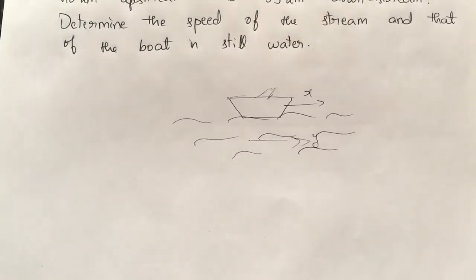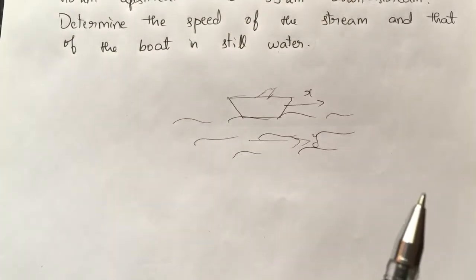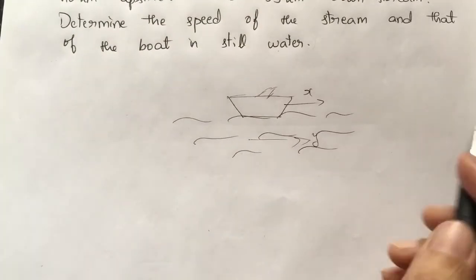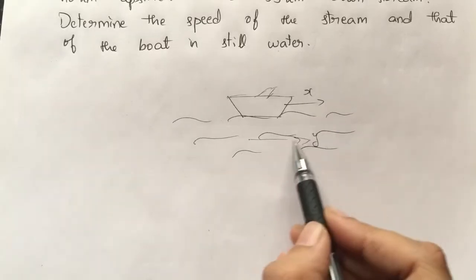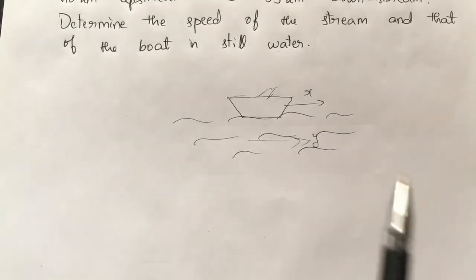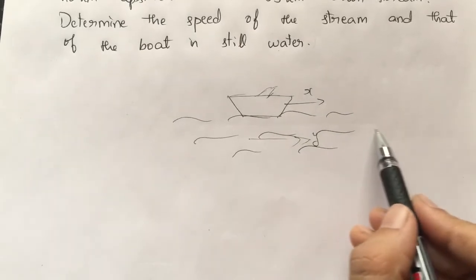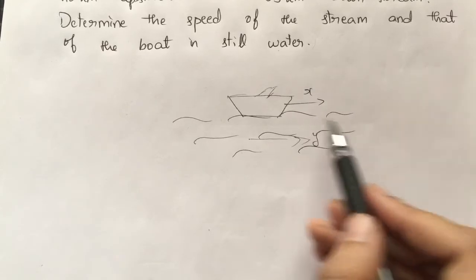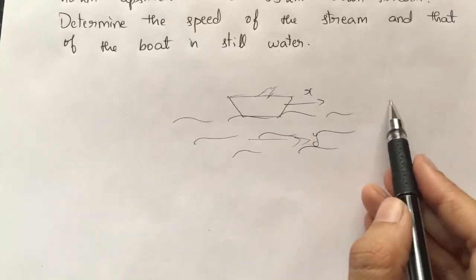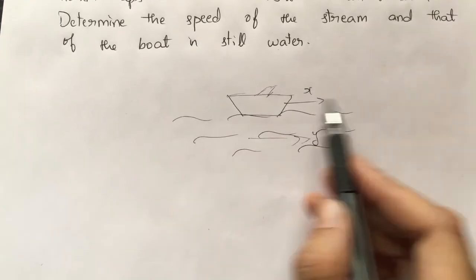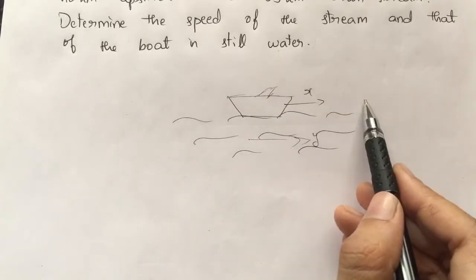Now downstream means both are going in the same direction. Say water is going in this direction, and even the boat is going in the same direction.